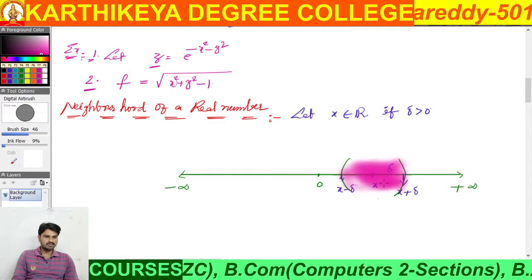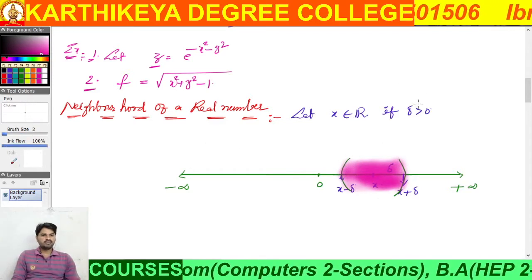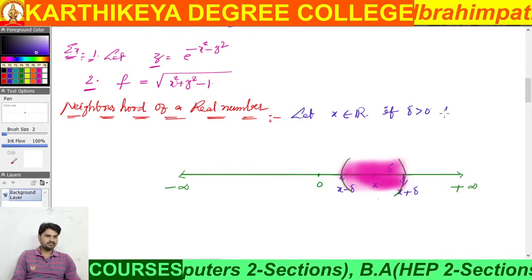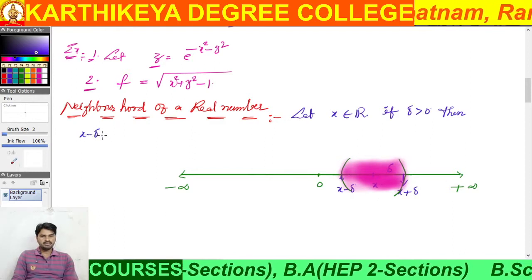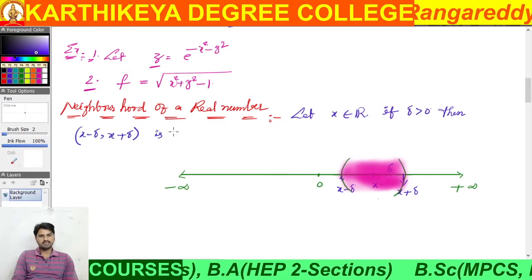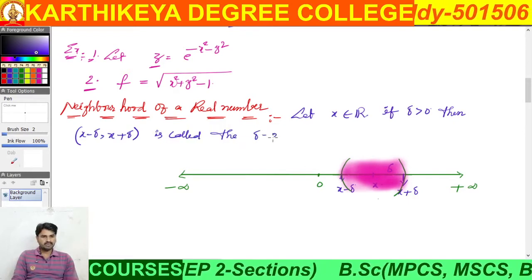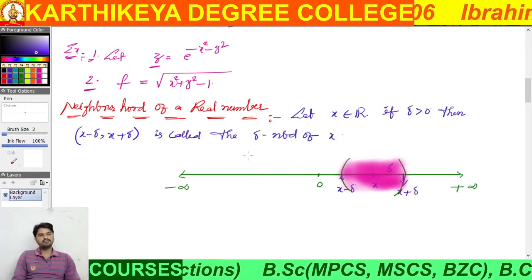So let me write the definition of the neighborhood of a real number. If delta is greater than 0, then the open interval x minus delta to x plus delta is called the delta neighborhood of x.